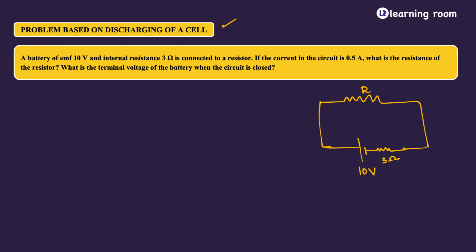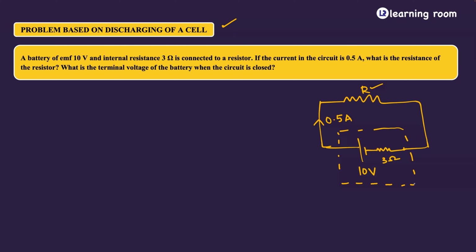If the current flowing through the circuit is 0.5 ampere, there are two parts in the question. What is the resistance of the resistor, and what is the terminal voltage of the battery when the circuit is closed?